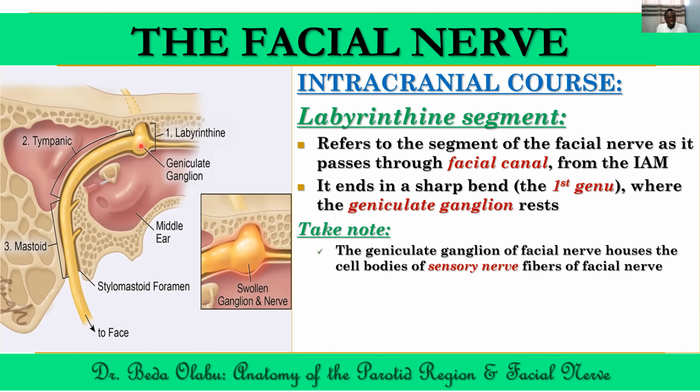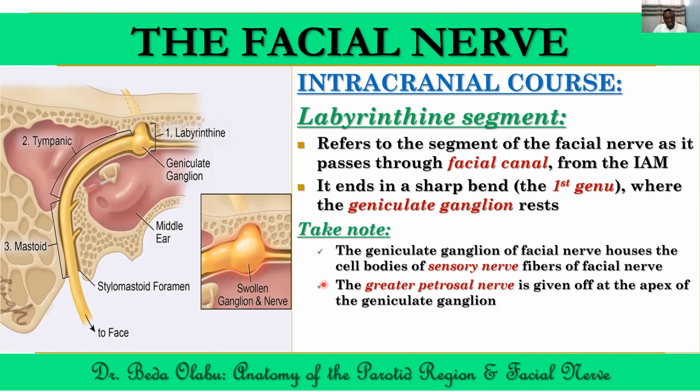So the peripheral processes are the ones which will be going to the tongue. The central processes now go to the brainstem. Their cell bodies are housed within the geniculate ganglion. Also, the ones which carry general sensation around the ear, their cell bodies are also housed here. So geniculate ganglion houses cell bodies of the sensory nerves related to facial nerve.